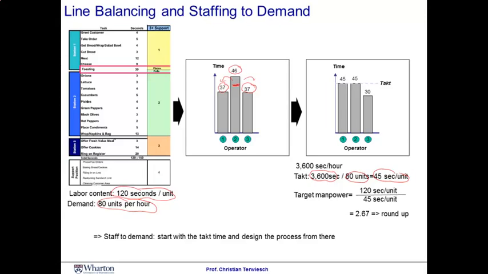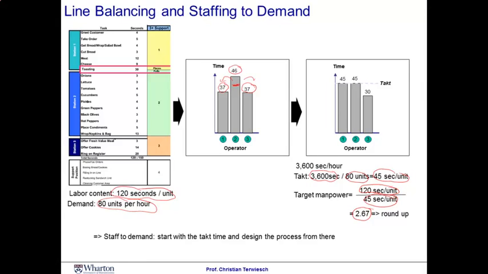Assuming a perfect line balance, the takt time also helps us find how many people we need to staff in the line. 120 seconds of labor content divided by 45 seconds of takt time gives us that we need, rounded up, 3 people to do the work. Now, admittedly, this is an ideal calculation. I cannot have worker 2 put half of a tomato on the sandwich and worker 3 put the other half.